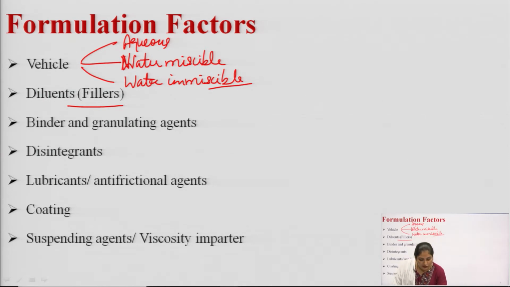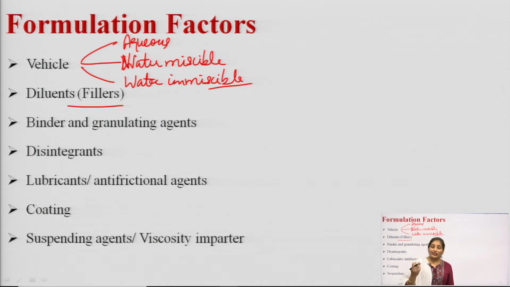In case of organic diluents, carbohydrates like starch, lactose or microcrystalline cellulose can be used, and these are hydrophilic in nature, and if they are combined with the dosage form, they can increase the solubility of the drug substance also.